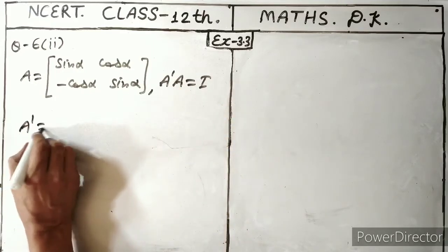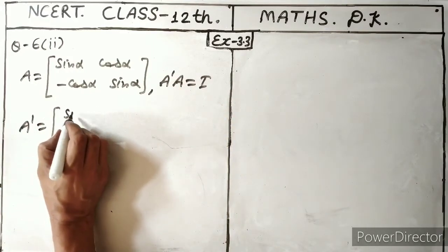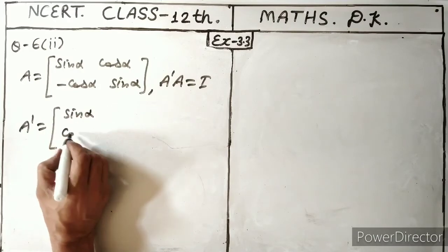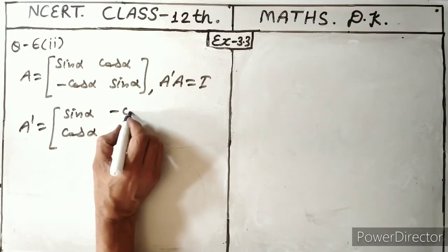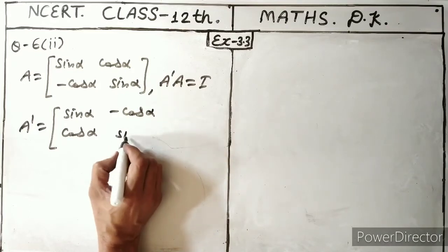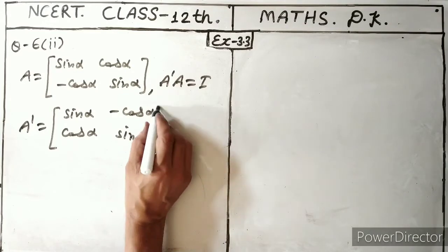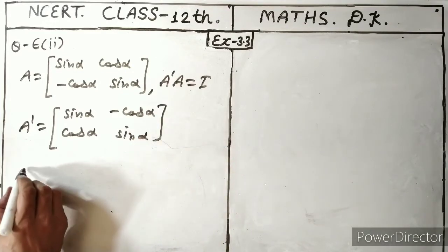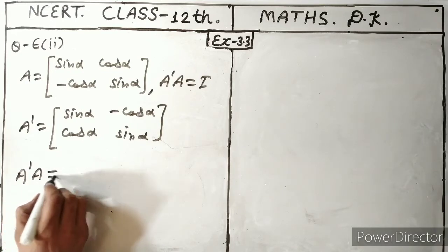A transpose is sin alpha cos alpha minus cos alpha sin alpha. This is A transpose.